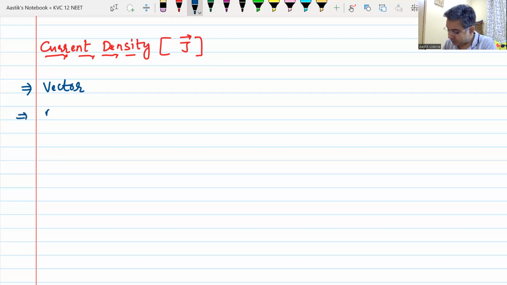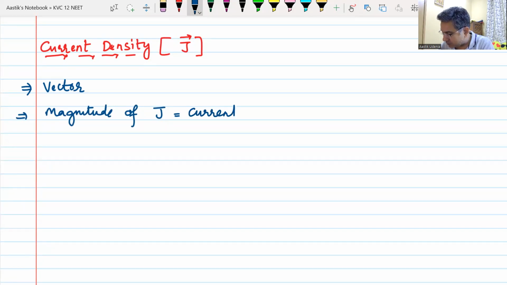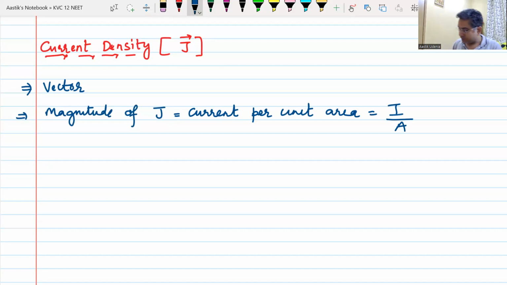The magnitude of current density, which I write as J, is equal to current per unit area, I by A. So current density is current flowing per unit area. That is the magnitude of current density.